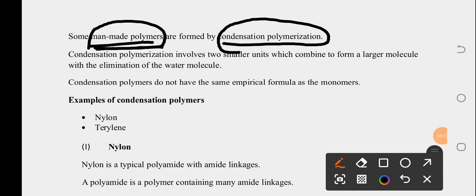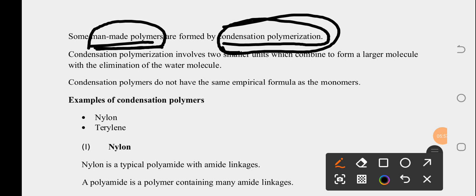But condensation polymers and addition polymers, despite being of the same type, have different processes which result in the formation of these polymers. When we talk of addition polymers, we are talking about addition polymerization. But when we talk of condensation polymers, we are talking about condensation polymerization. So condensation polymers are formed by the process which is called condensation polymerization.